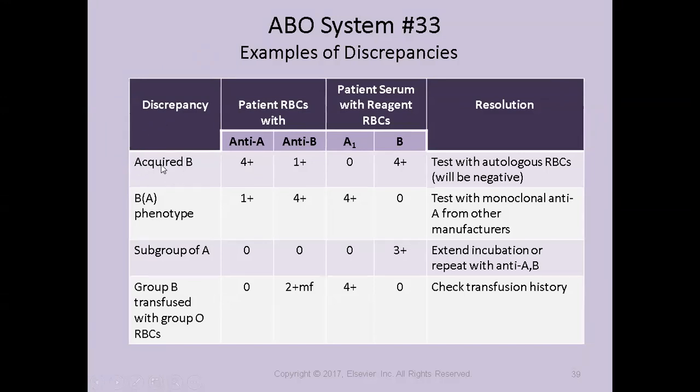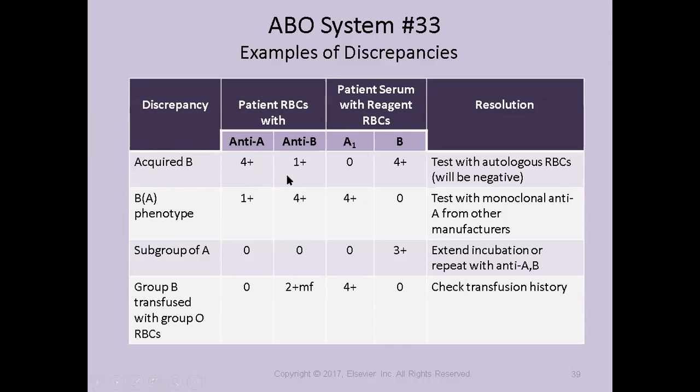So when someone has acquired B, let's look at it. Here we see this very strong 4+ reaction with anti-A. However, we see a 1+ reaction with anti-B. So if we were just looking at the forward typing alone, we would have to say the type looks like AB.